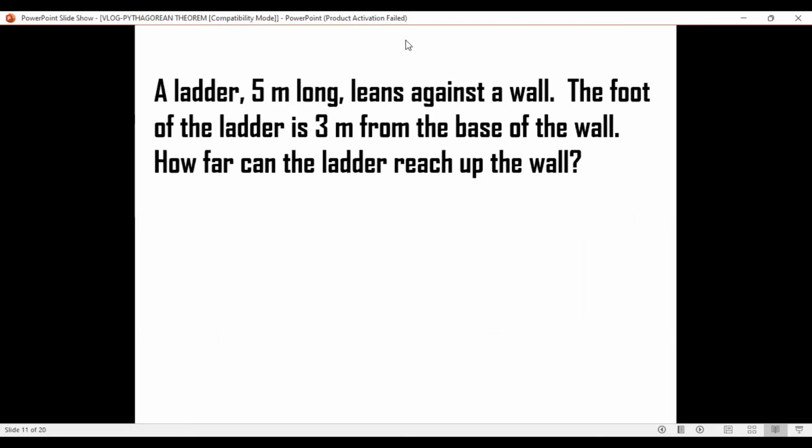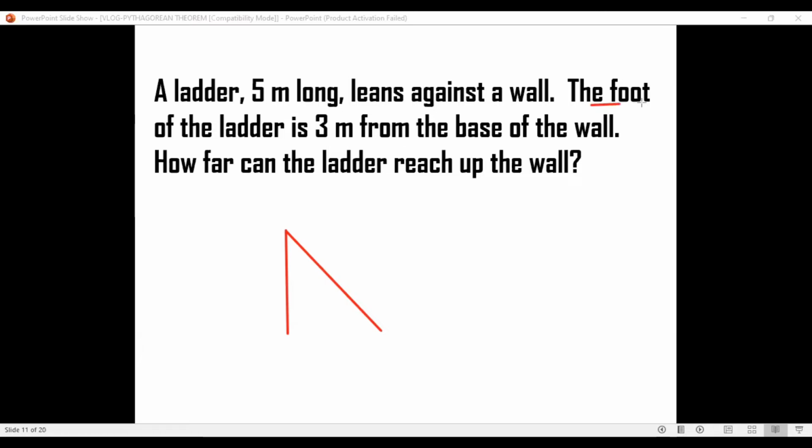Okay, so here there is a certain ladder which is leaning against the wall. So a ladder 5 meters long would say that there is a ladder which is 5 meters long. So I can say that this is now the ladder which is 5 meters long. And then, of course, this will be considered now as the wall, okay, where the ladder is leaning to. And from there, we have the statement here.